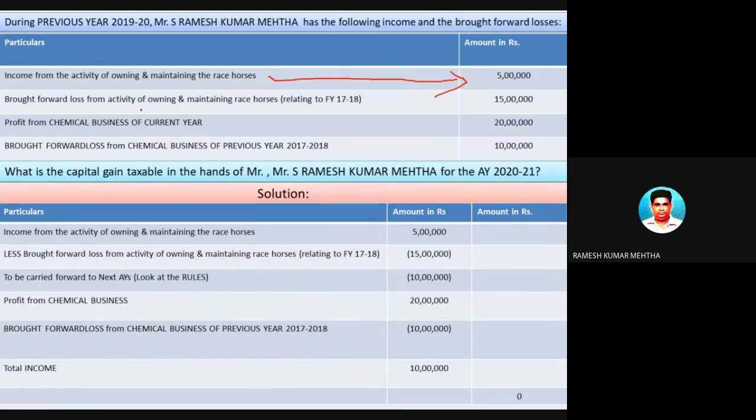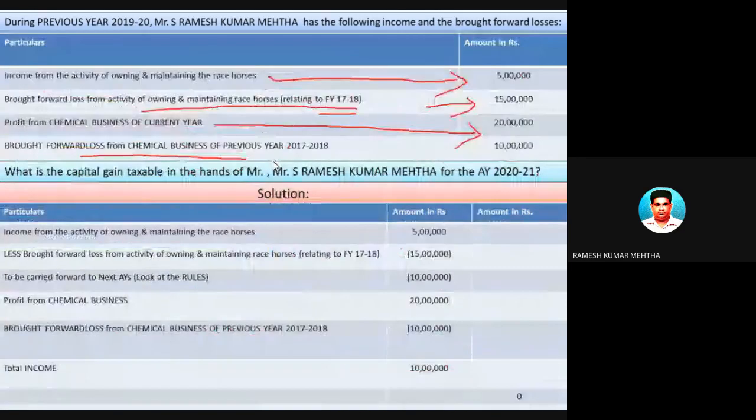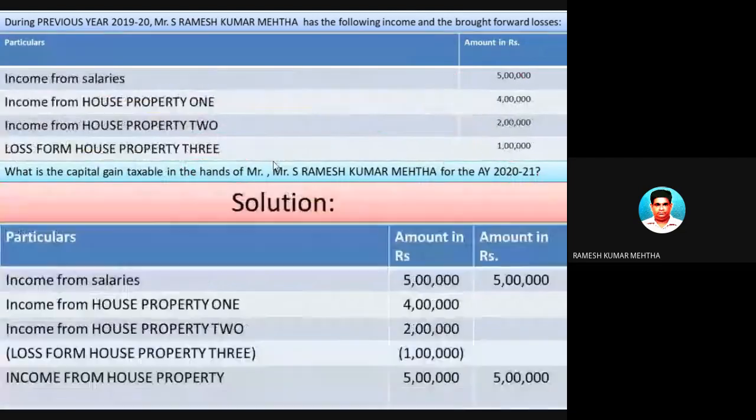Brought forward losses of owning and maintaining of horse races, relating to the financial year 2017-18, 15 lakh rupees. Profit from chemical business of the current year is 20 lakh rupees, and brought forward losses of chemical business. So this is the same problem if I'm correct. Okay, so there is no point in doing this problem. The same problem. Okay. Next one.